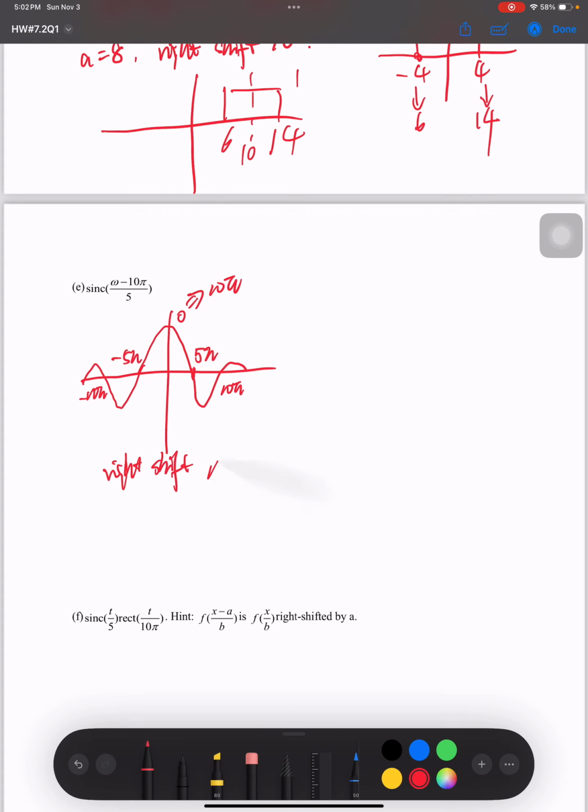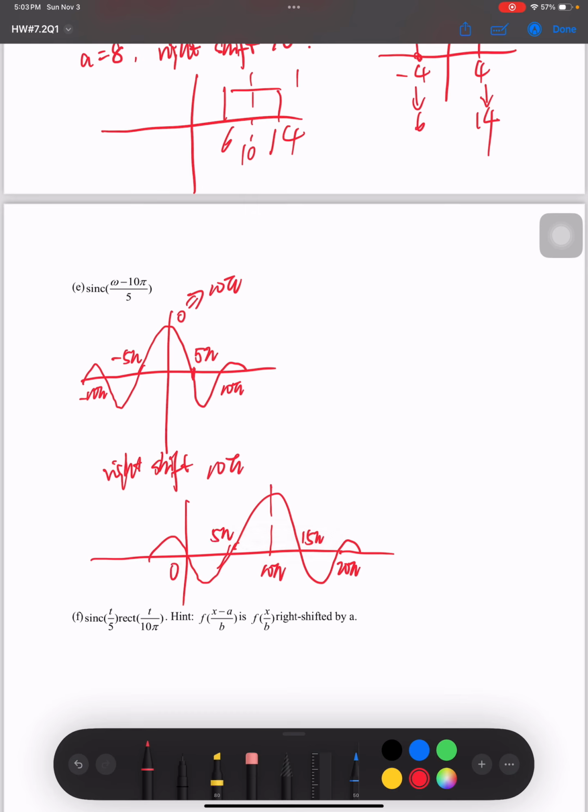So eventually it will look like this. The only difference is that here is going to be 10 pi, and here is 15 pi and 20 pi, and this is 5 pi, this is 0, something like this.